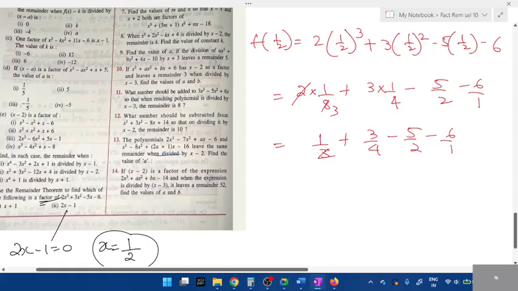Sorry, 1 by 4, right? 2 cubed is 8. 2 ones.